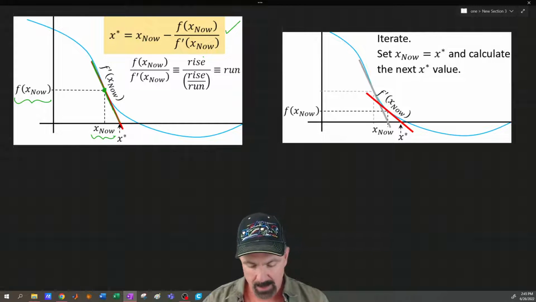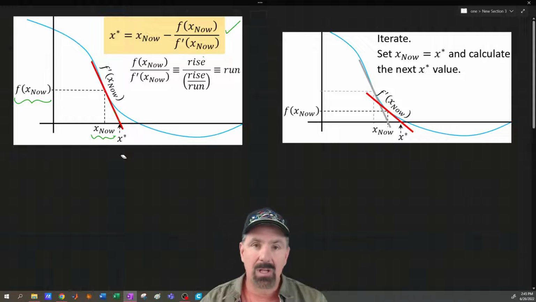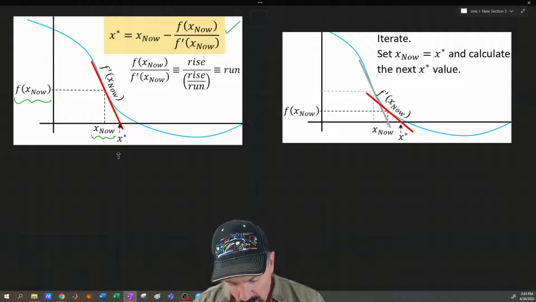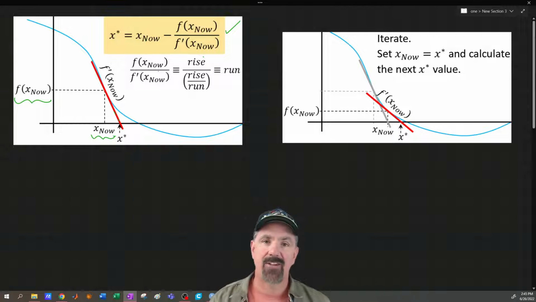That's the point. And all we're going to do is apply the idea of slope as rise over run. And so what that means for us is the rise is the value of f of x now.